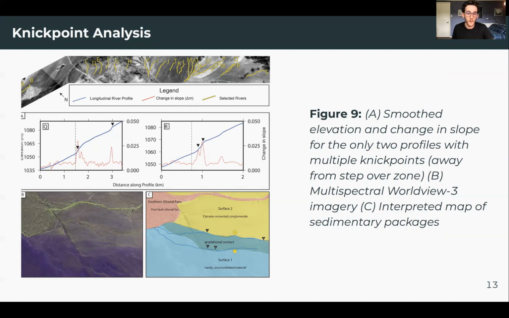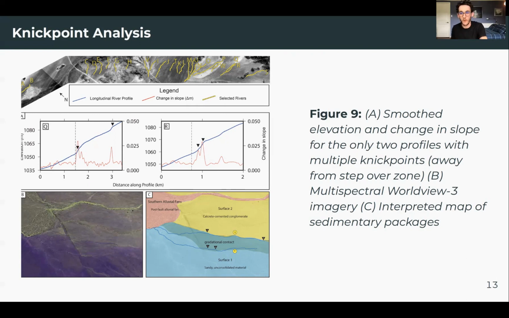So one of the nick points we're seeing in these profiles is a geological nick point, where you're dropping through the capping calcrete conglomerate into the soft sandy sediments, and another is the tectonic one that we saw on all the other stream profiles.